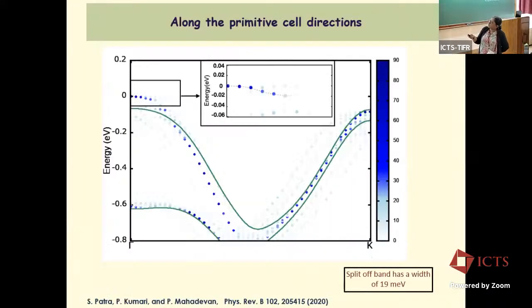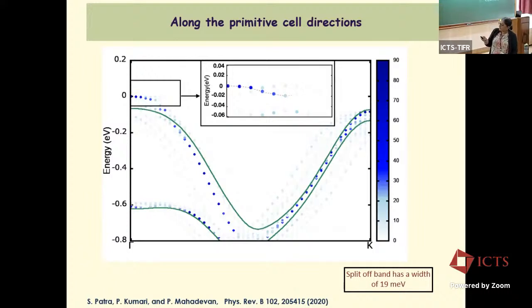The first thing we asked is whether this behavior is because of the modulation in the interlayer separation that we are seeing. So what we did next was to keep them at a fixed interlayer separation and see what happens in such a case.